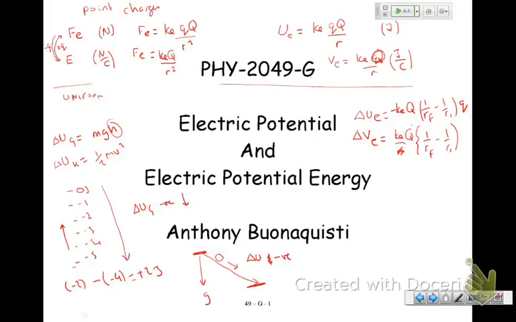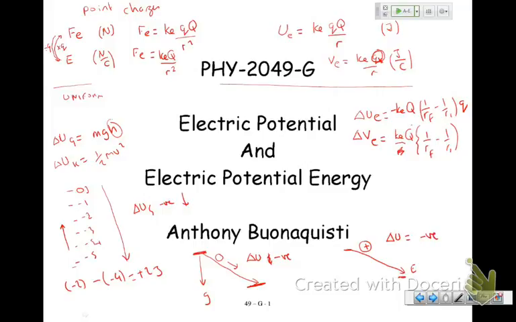Agreed? And think of the analogy of electric field lines going from positive to negative. Positive's like the top of the hill. The negative plate's like the bottom of a hill. So our electric field is like, I'm going to draw it like that, and a positive is like a boulder. So when a positive goes with the electric field, your change in potential is negative.